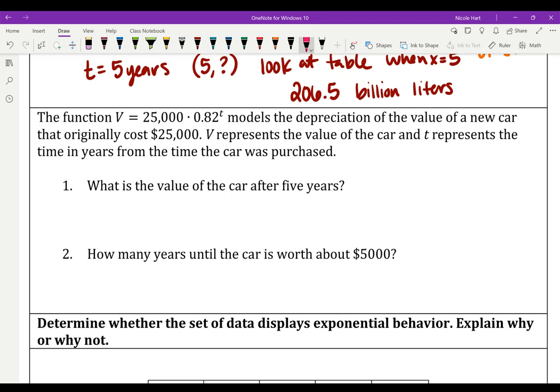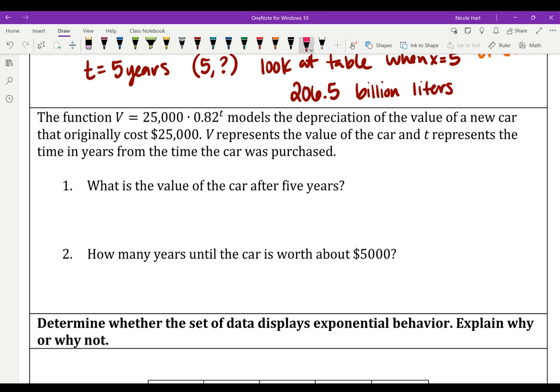And so this kind of shows that, maybe it's been 5 years since you purchased that car, what your car is now actually worth, and it's a lot less than what you originally paid for it.